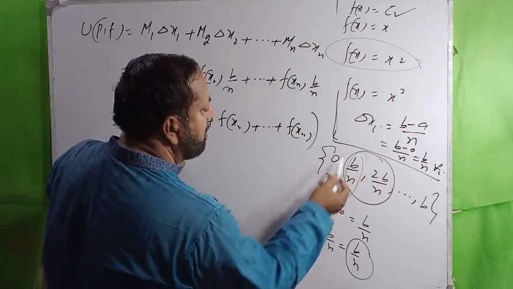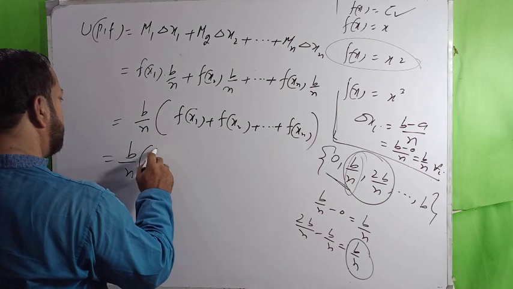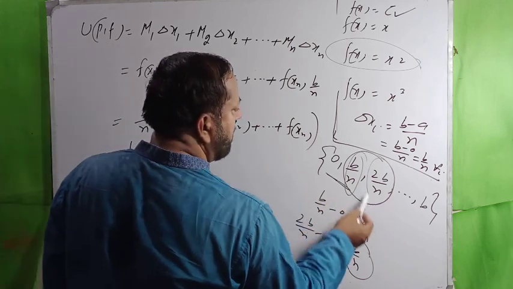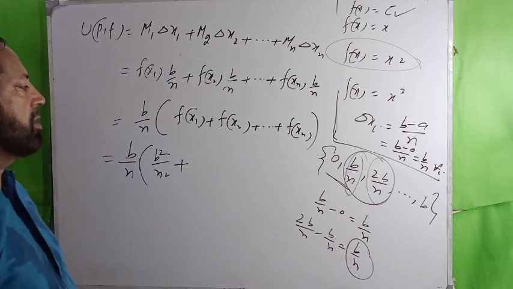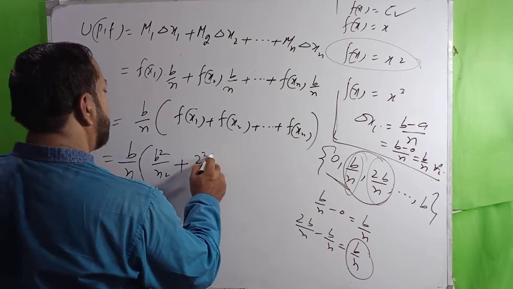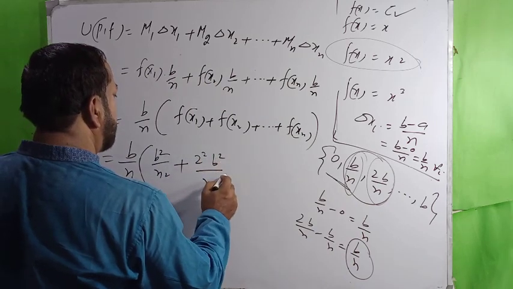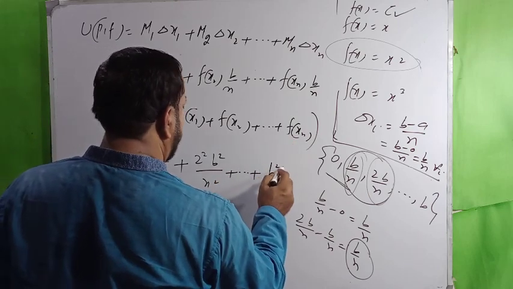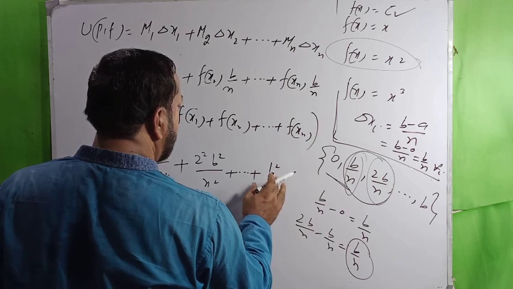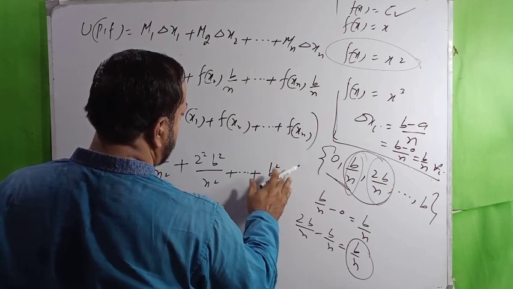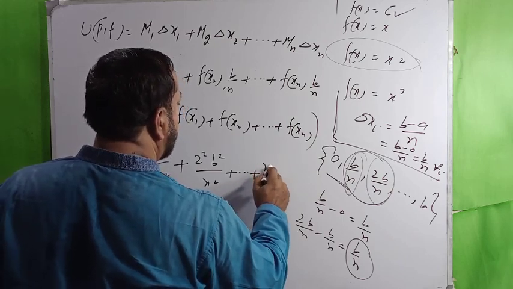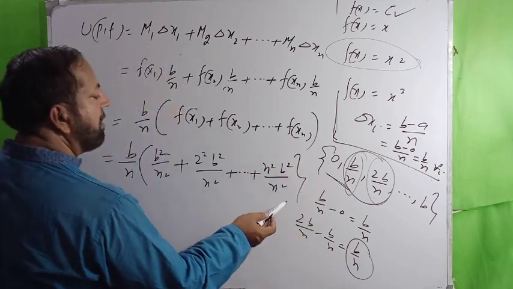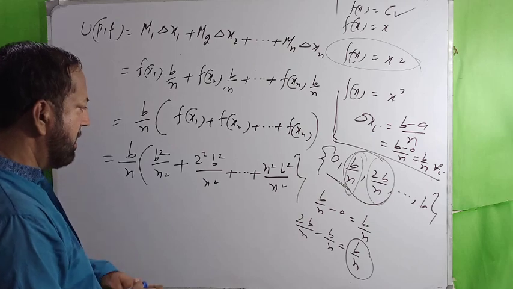This is b square by n square, plus, second one is 2 square b square by n square, and plus so on, plus lastly this is b square. Or you can say n square b square by n square, we can multiply and divide by n square.